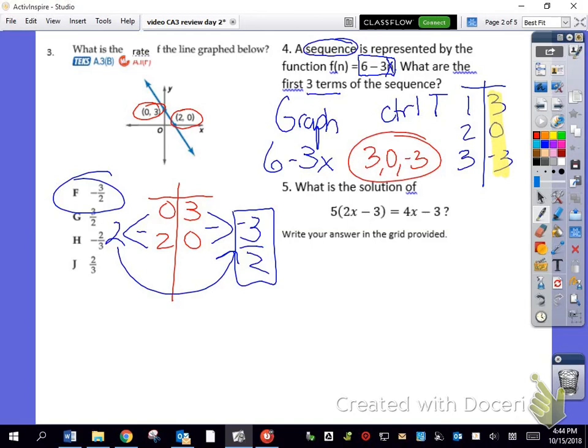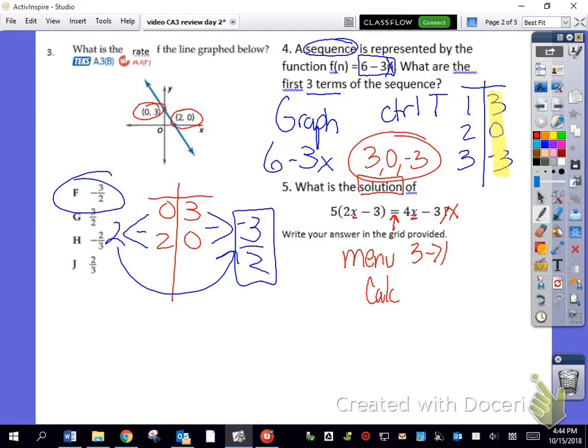On number 5, what is the solution? Now, we solved this the long way in chapter 2, but there's a little shortcut I'll let you take now. Anytime you have an equal sign and the variable x, you can go to menu 3.1 on a calculator page. Put a comma, and what variable is this? X. Then you can work it out.